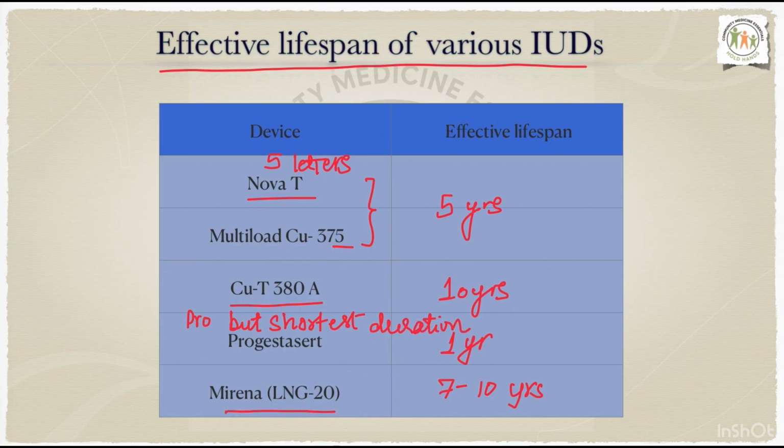Mirena is miracle long, 7 to 10 years. Copper T380A, this number ends with 0. So it is 10 years.